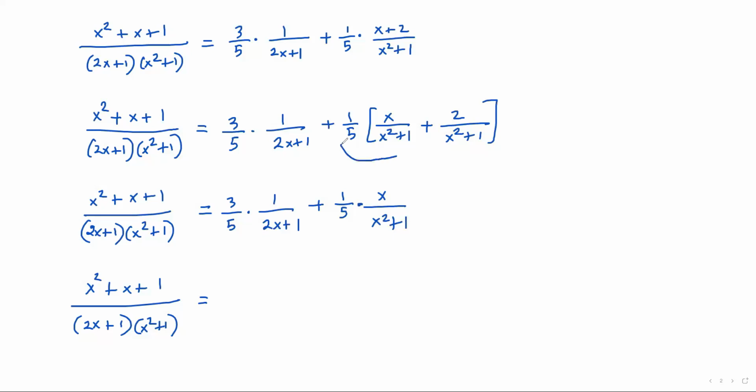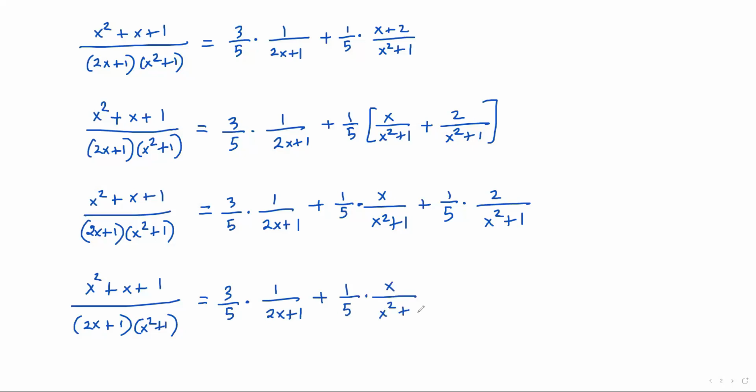If I distribute this 1 over 5 to this one, it will be plus 1 over 5 times 2 over (x squared plus 1). So 3 over 5 times 1 over (2x plus 1), plus 1 over 5 times x over (x squared plus 1), plus. If I multiply this 1 and 2, it will be 2. So we can write this as 2 over 5 times 1 over (x squared plus 1). Okay, let's continue on the next page.